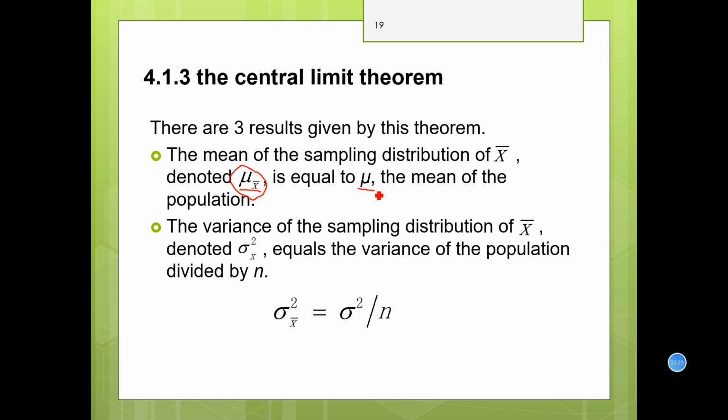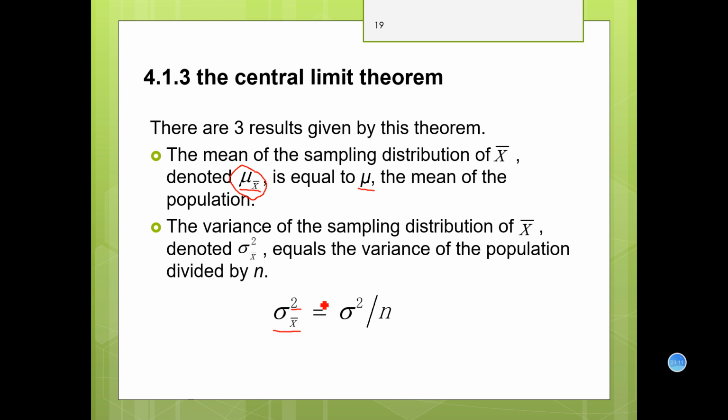And the second one is the variance of the sampling distribution of x bar, denoted sigma x bar square, equals the variance of the population divided by n. So that is actually the formula of the variance of x bar. We said that we use sigma x bar to represent the standard error of the mean, and sigma x bar square means the variance of x bar.